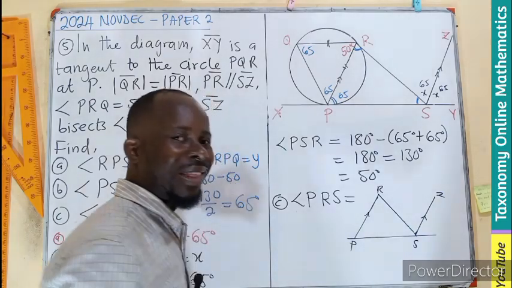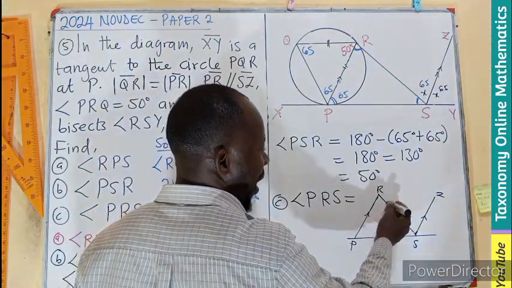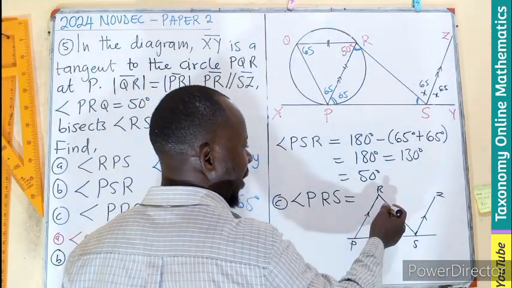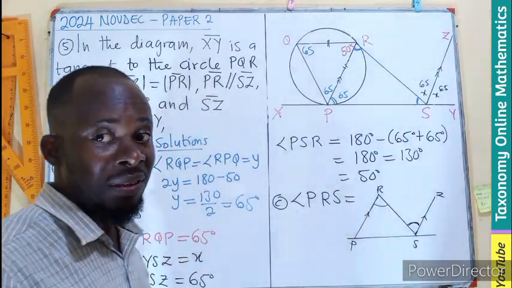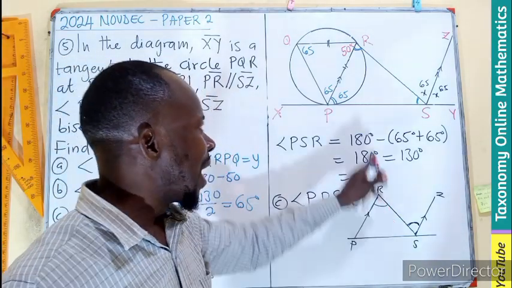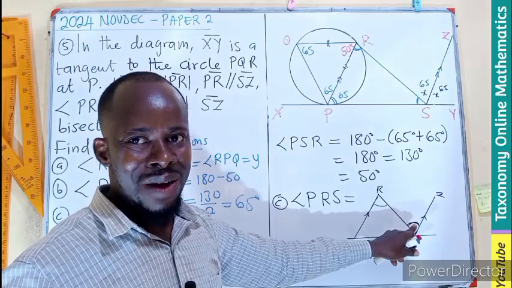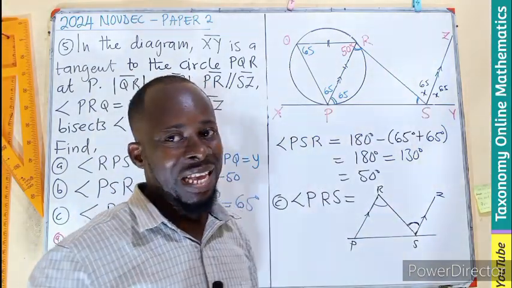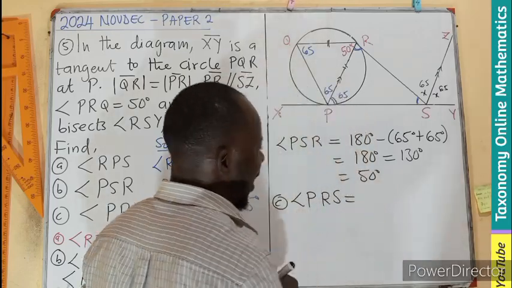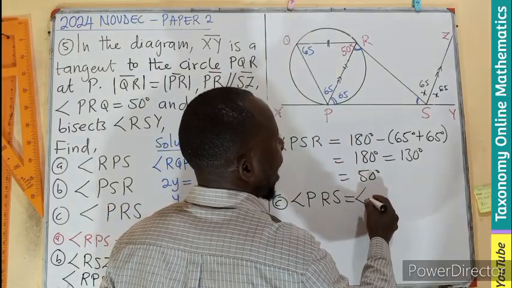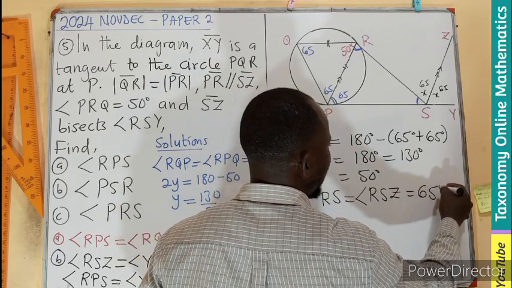So this line is called a transversal. So if it's a transversal connecting the parallel lines, giving the Z angles, the angle here will be equal to the angle here by alternate angles. So this angle, what angle is there? That's what I'm looking for. This very angle equals the angle at the corner here, which is the other X, 65. So I can only say that this angle is equal to angle RXZ equals 65 degrees.